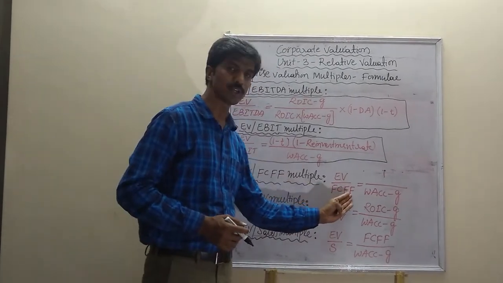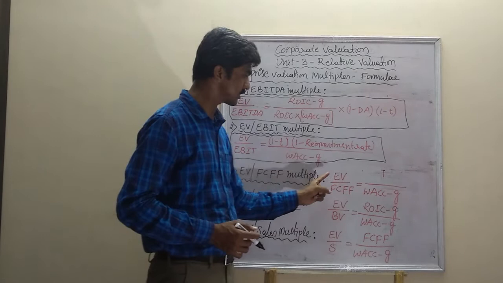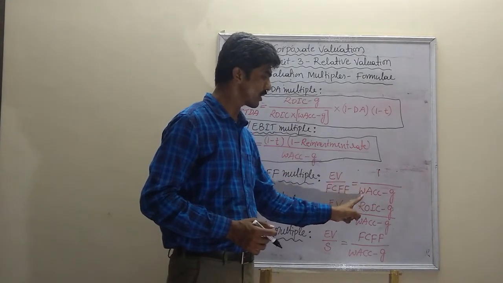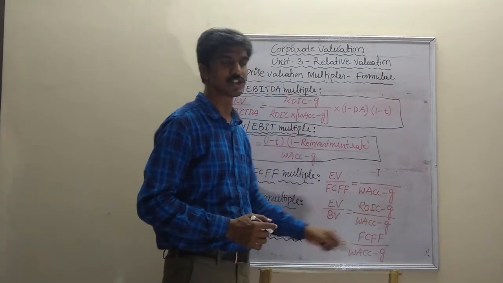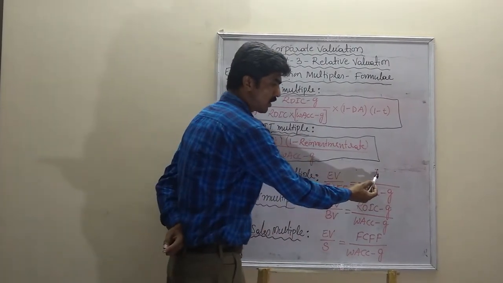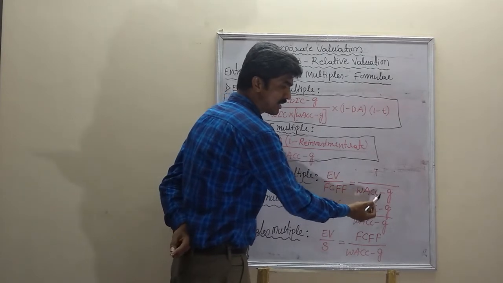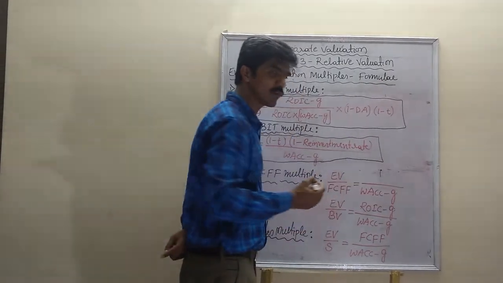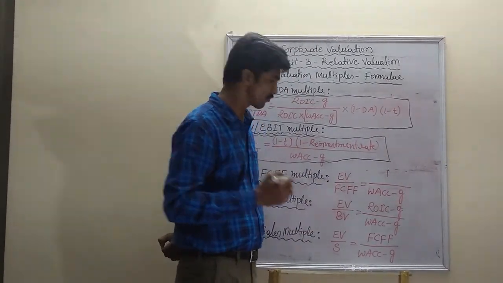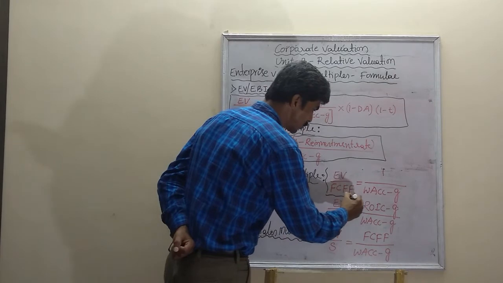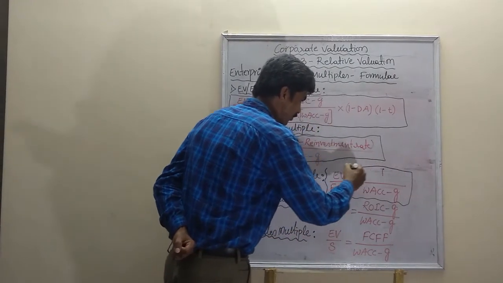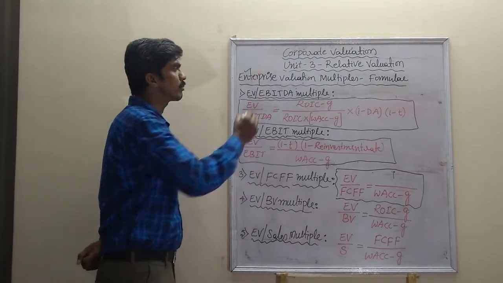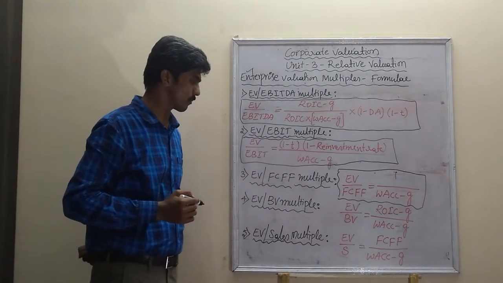Here is the formula we use in calculating this multiple: EV to FCFF is equal to 1 divided by (WACC minus G), wherein WACC stands for weighted average cost of capital, and G stands for growth rate in dividends. So this is the formula we use to calculate the EV to FCFF multiple under enterprise valuation multiples.